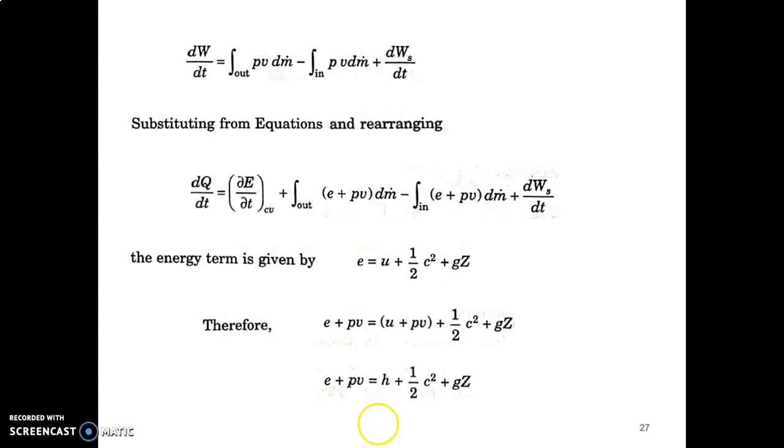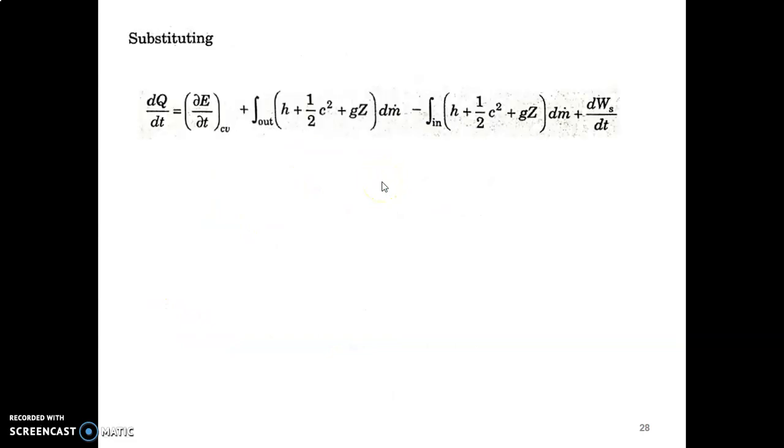Now, substituting this expression in our previous equation, we will get the expression like this. It will be a bit lengthy, but we can simplify this later so that we can express the equation in a more presentable manner for the calculation of problems.